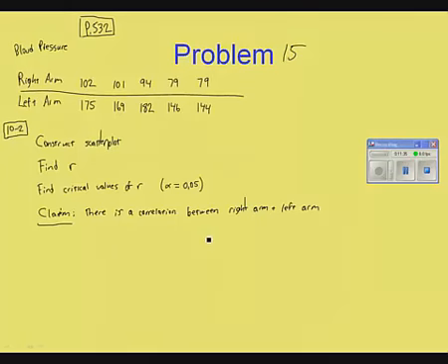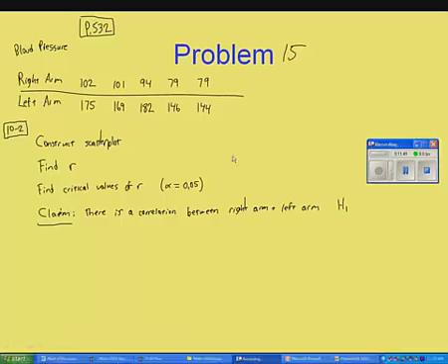Yeah, so the book doesn't really write it this way, right? But this is kind of my H1 in a sense. There is a correlation.